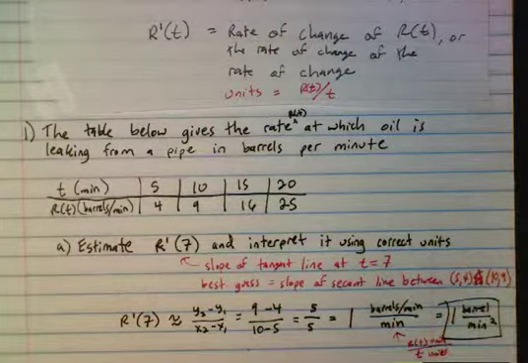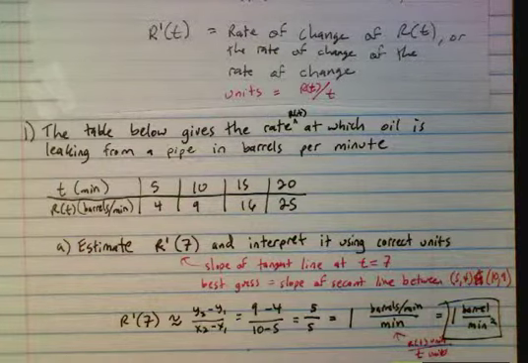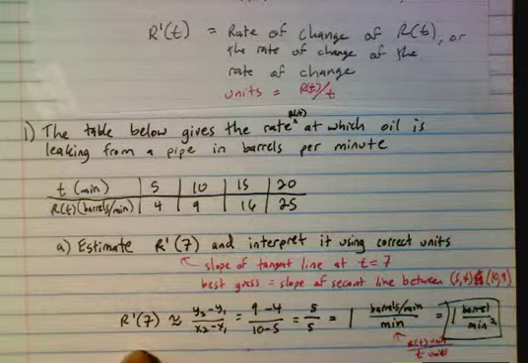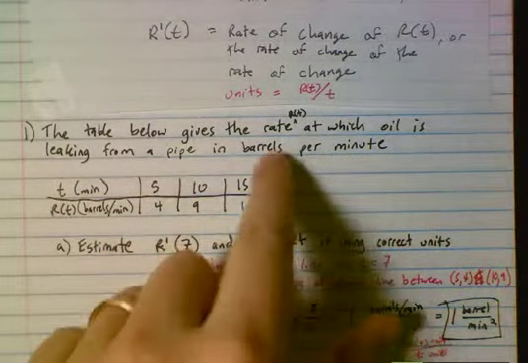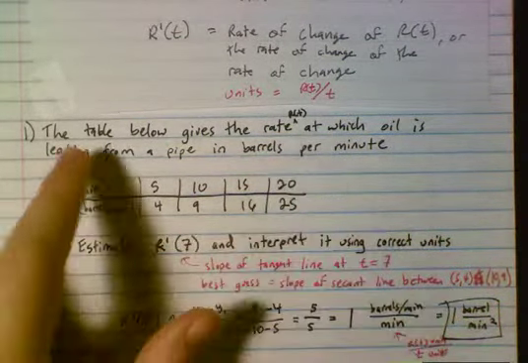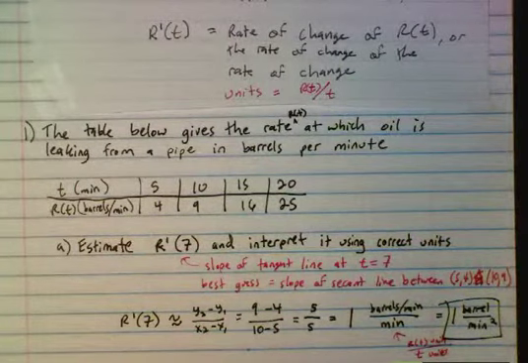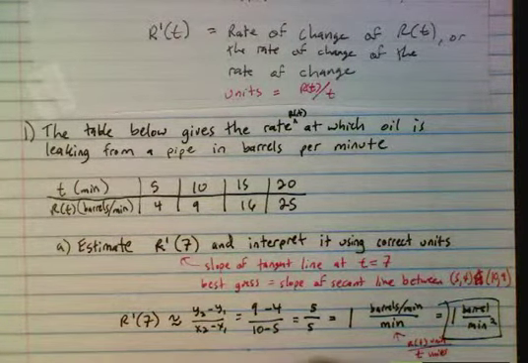And now we need to interpret what this is. So derivative is always the rate of change. It can get a little bit tricky because we already have a rate, but we know that R of t is the rate at which oil is leaking. So we can just summarize that, and we can say leak rate.